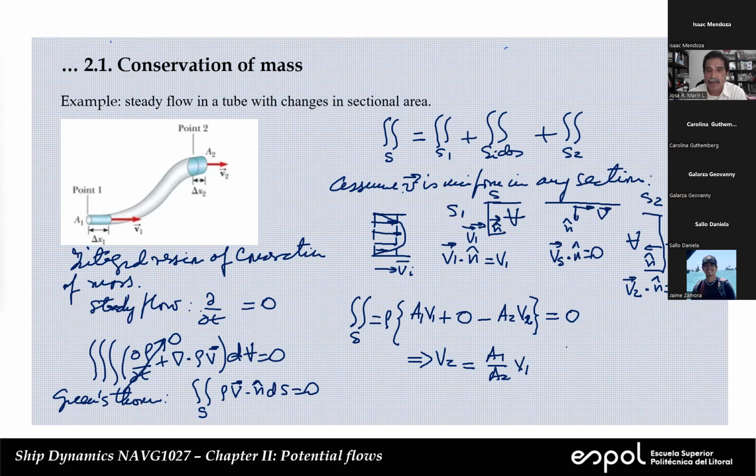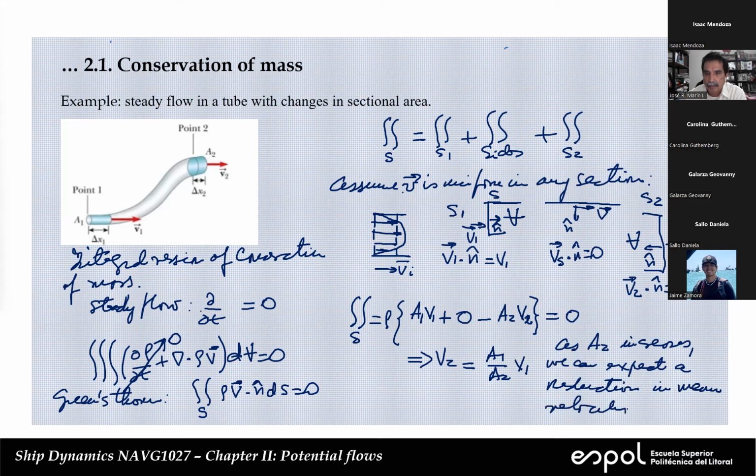I just wanted to remember these things. So we can say that as A2 increases, we can expect a reduction in mean velocity. That's something that we know, right?